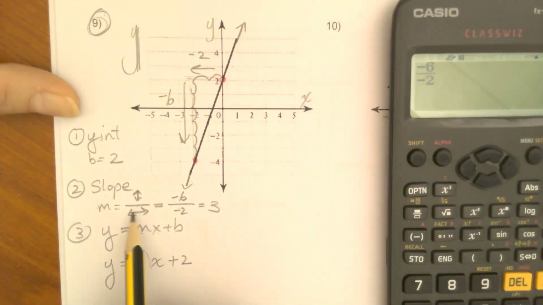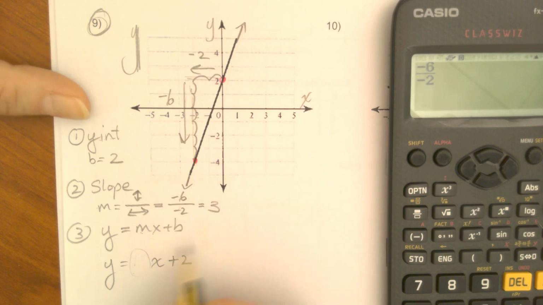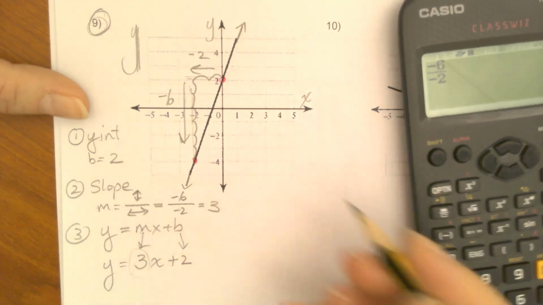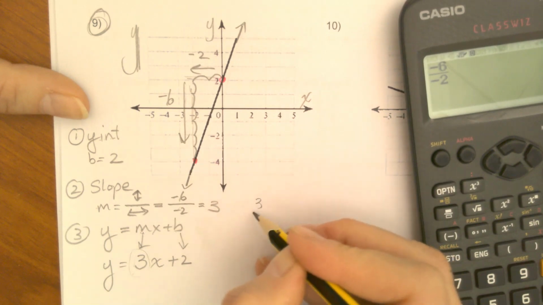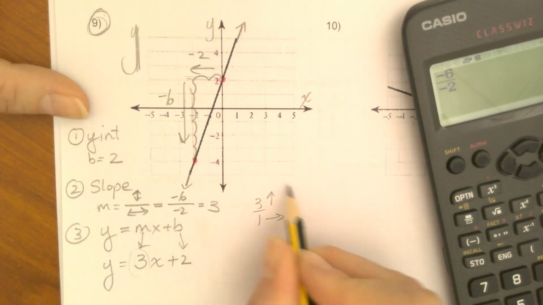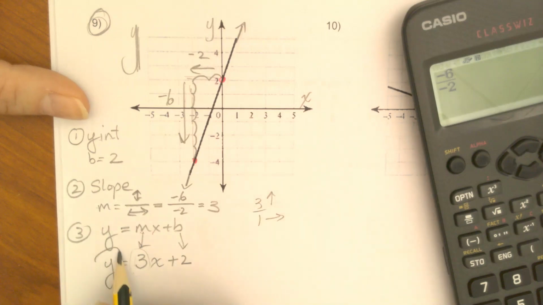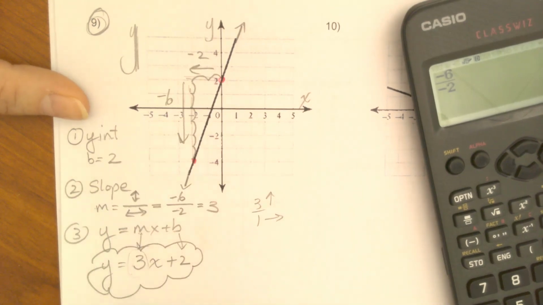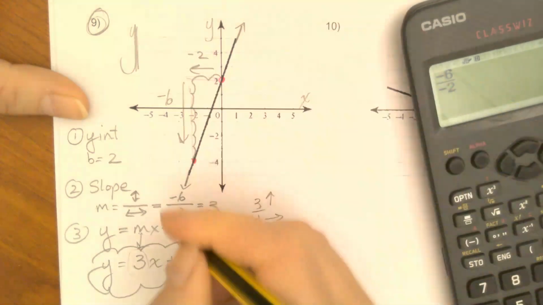So now I know my slope is 3. And because I'm just putting this into the equation, I want to keep it 3. If I wanted to graph it, then I'd go 3 over 1, because then I'd go 3 up and 1 right. But I'm not graphing it, so I just leave it like this. And here is my equation that represents this line.